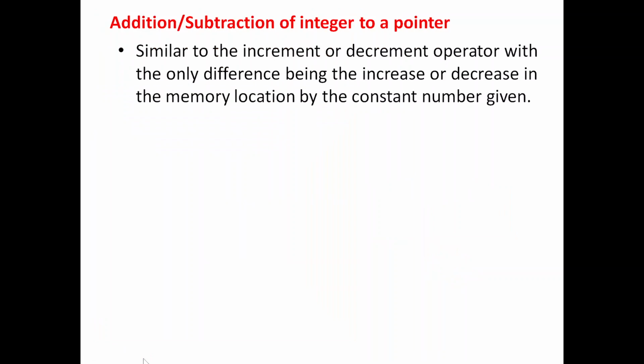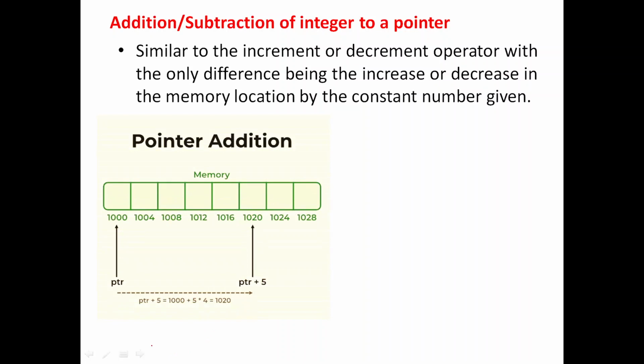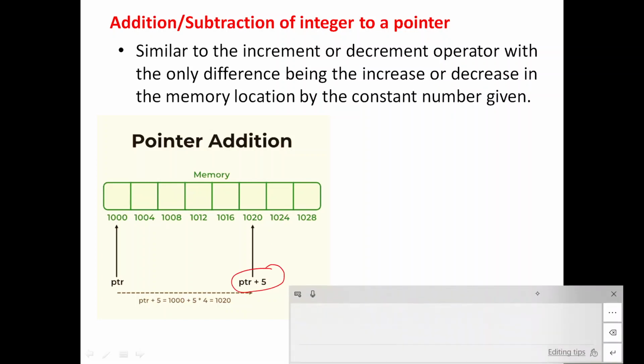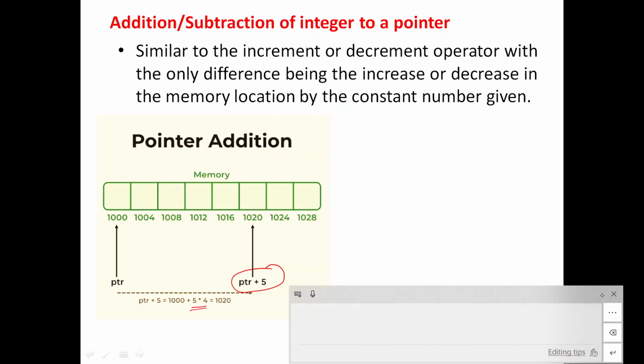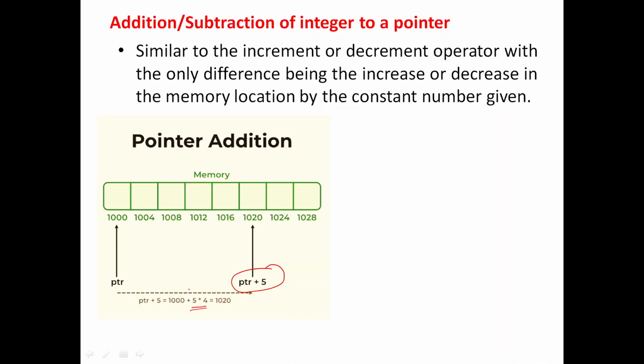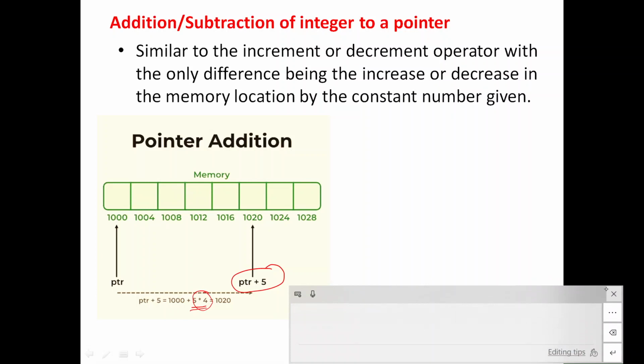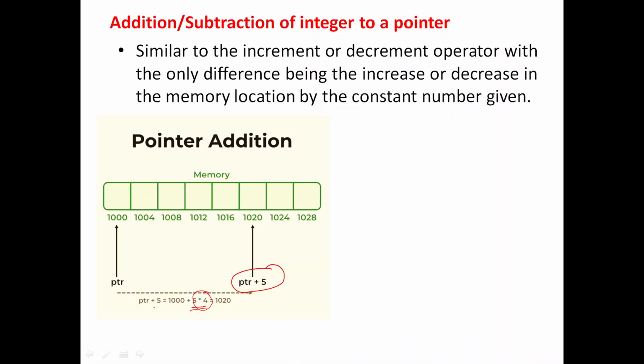The second one is addition or subtraction of an integer to a pointer. We can simply add an integer to a pointer like this, p plus 5. The thing to notice here is that whenever we add an integer, it is not simply added. We have to multiply it by the size of the memory occupied by that data item, and only then proceed with the addition.